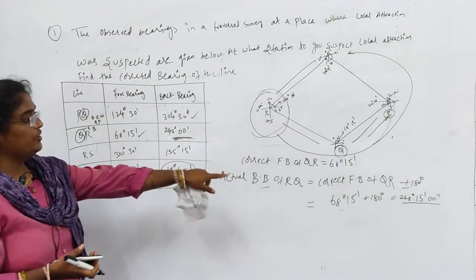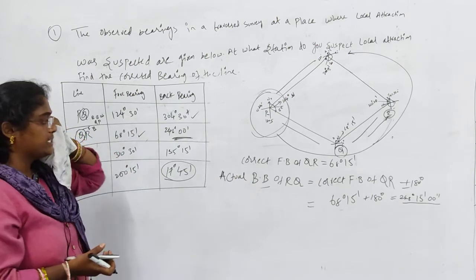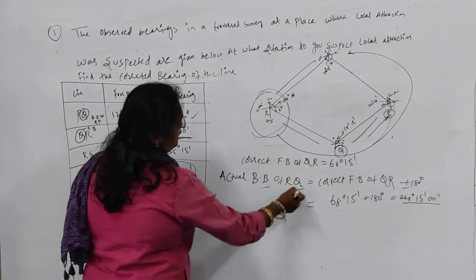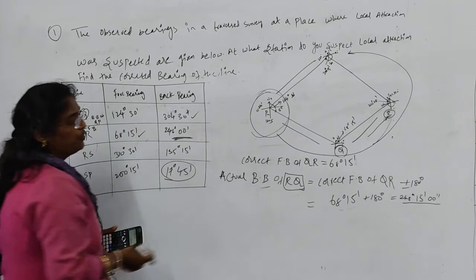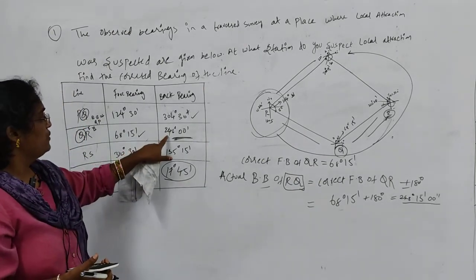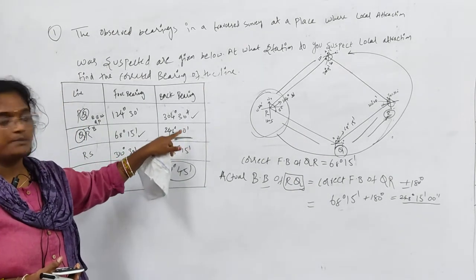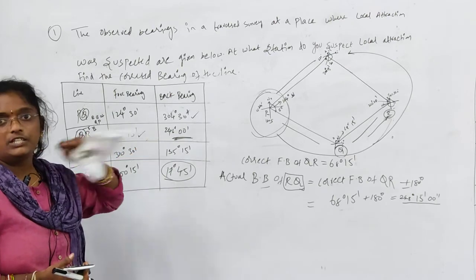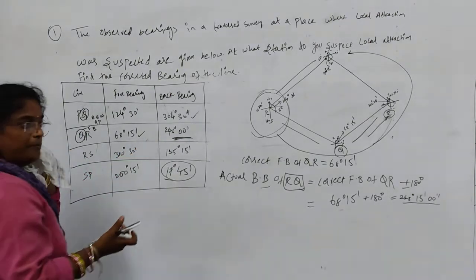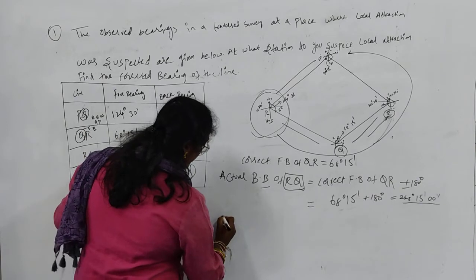Actual back bearing of RQ should be 248 degrees 15 minutes, but it is 246 degrees 00 minutes. Are you getting my point? So we need to find out the error here.